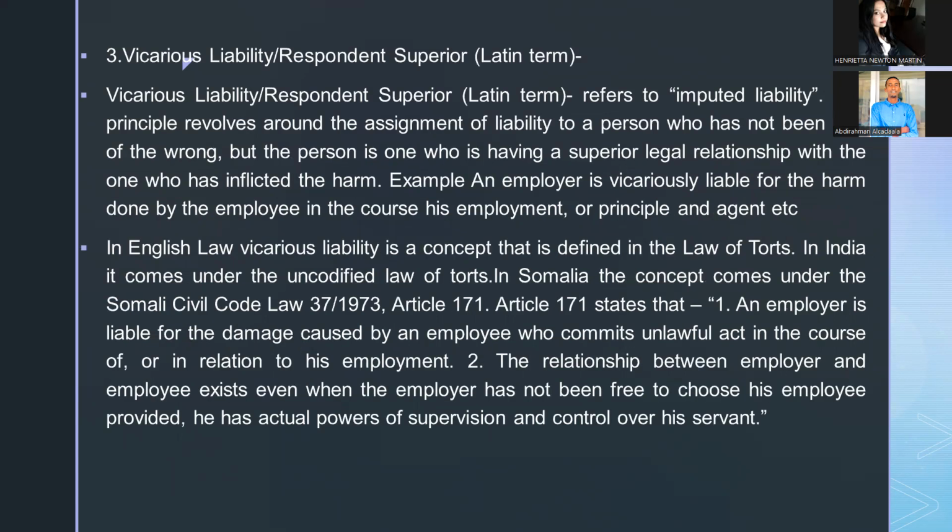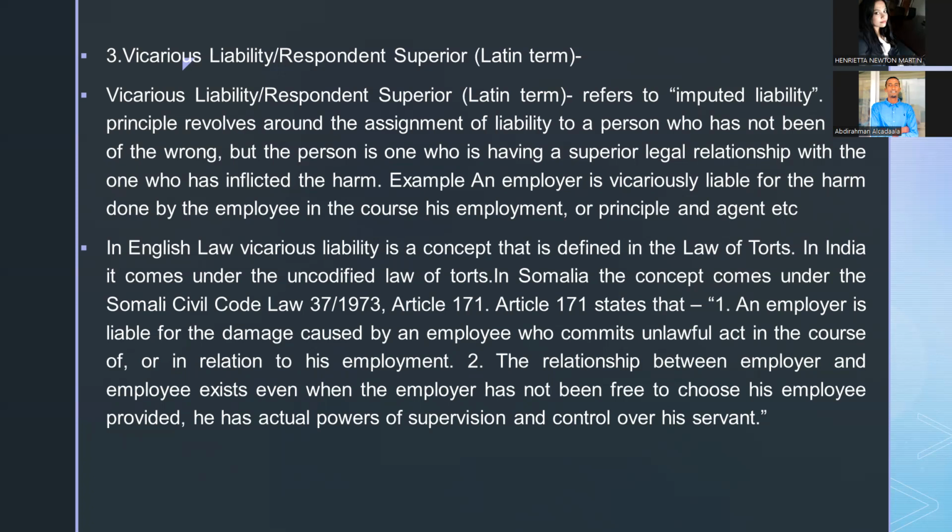Next is vicarious liability or respondeat superior. That means imputed liability. I gave you an example last time where there is an employer, a company that has a driver, and he drives the car and meets with an accident.